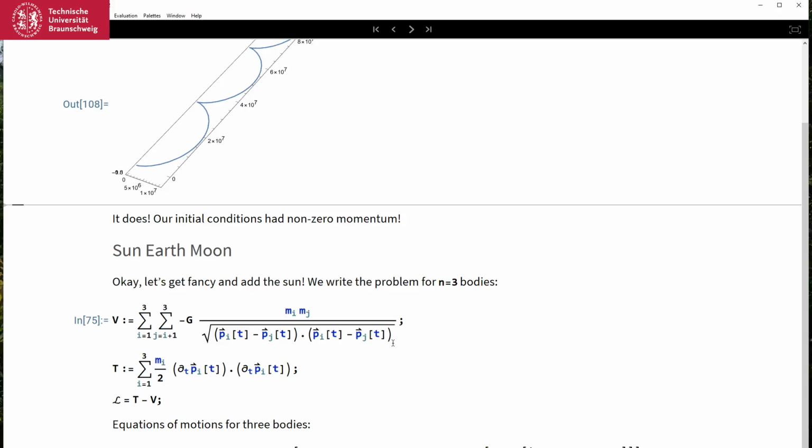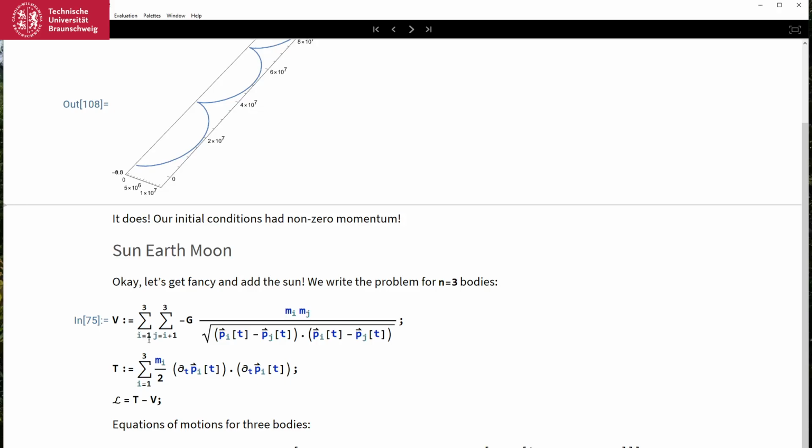If you build pairs of bodies, then what you need to avoid is to build pairs twice. So the way you can avoid building pairs twice is like this.